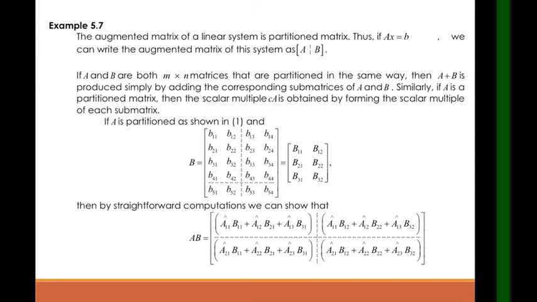Similarly, if A is a partitioned matrix, then the scalar multiple cA is obtained by forming the scalar multiple of each submatrix.